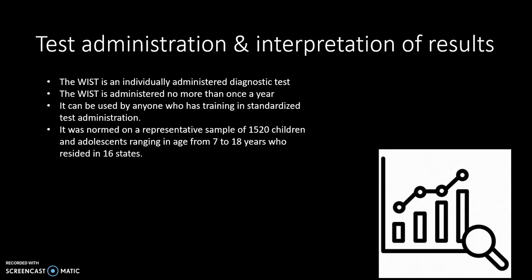The WIST is an individually administered diagnostic test. It can be used by anyone who has training in standardized test administration. It's administered no more than once a year, and it was normed on a representative sample of 1,520 children and adolescents ranging in age from 7 to 18 years who resided in 16 different states.